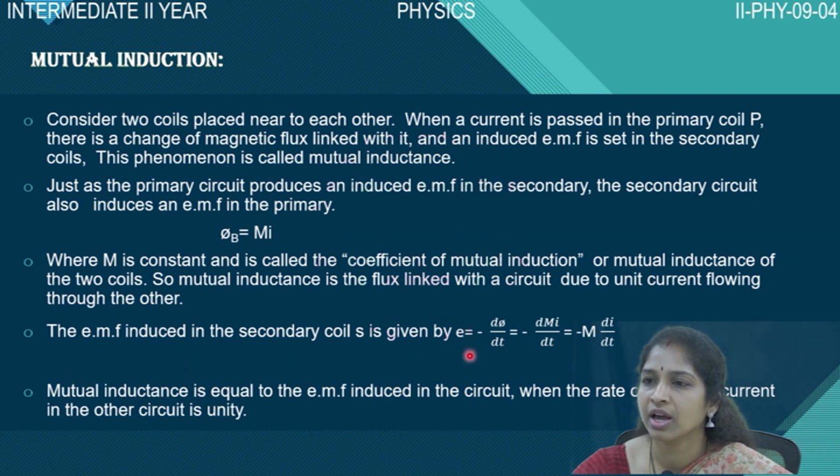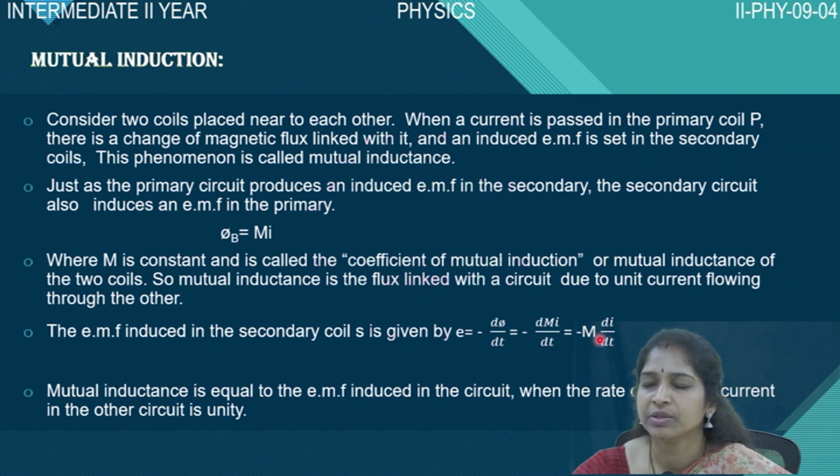According to Faraday's law, we know that the induced EMF is minus d phi by dt. But from this equation, phi is what? M i. So if I substitute that in this, you will get E equals minus d(Mi) by dt. M is constant, we cannot differentiate it, so write it outside. So minus M di by dt we get.